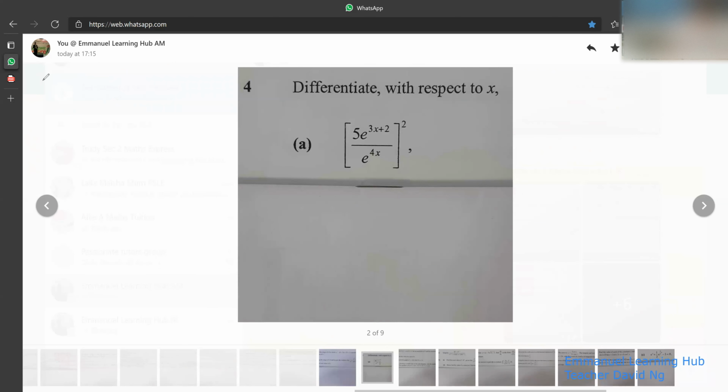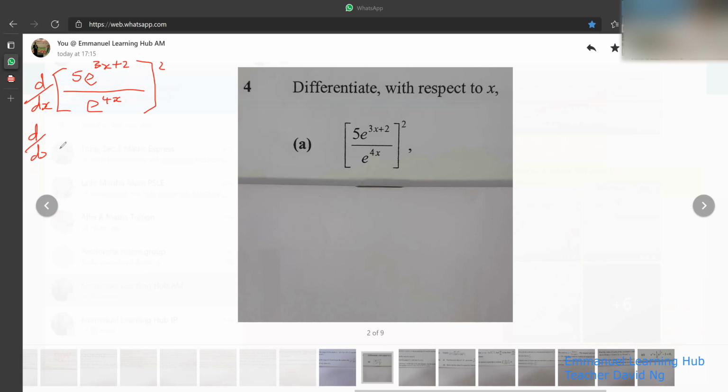So it's d/dx, with respect to x. This expression, it's an exponential function. Okay, this is the expression here. Before I differentiate, I have to simplify this expression first.